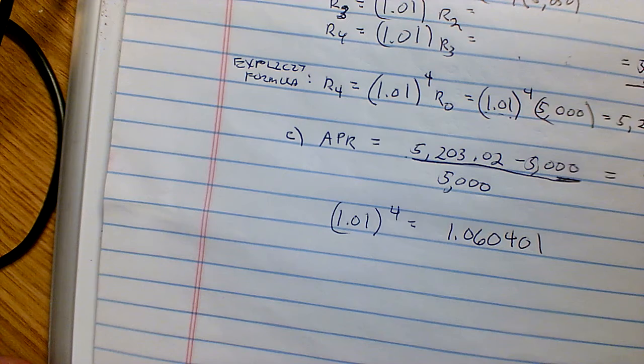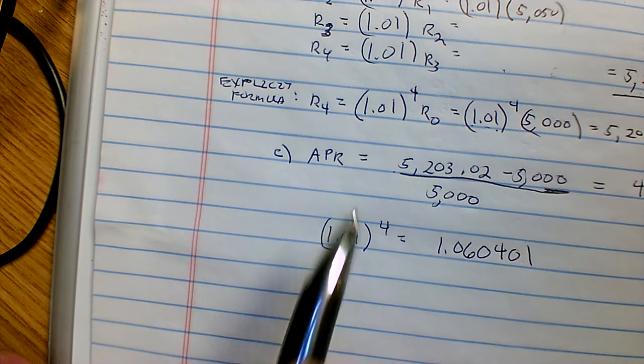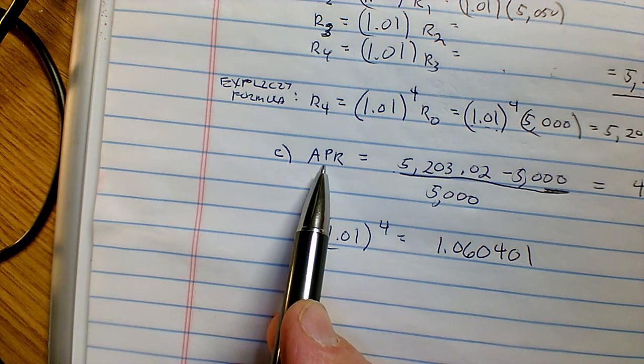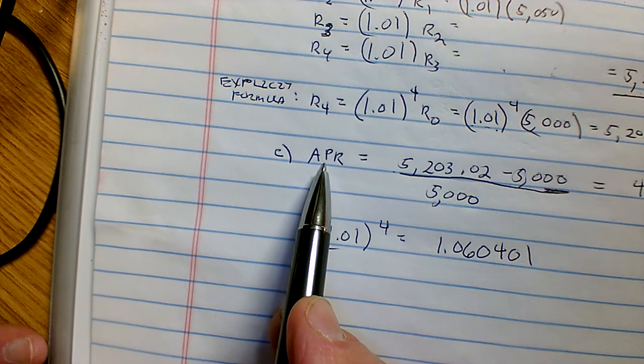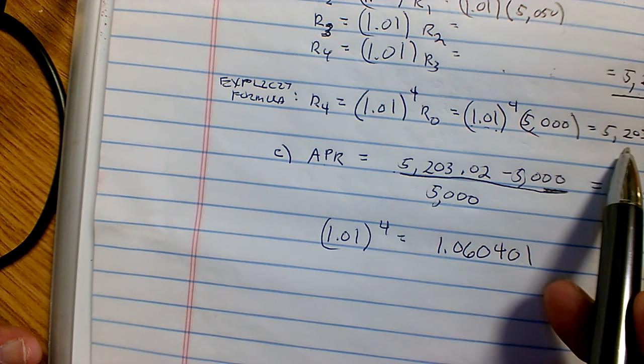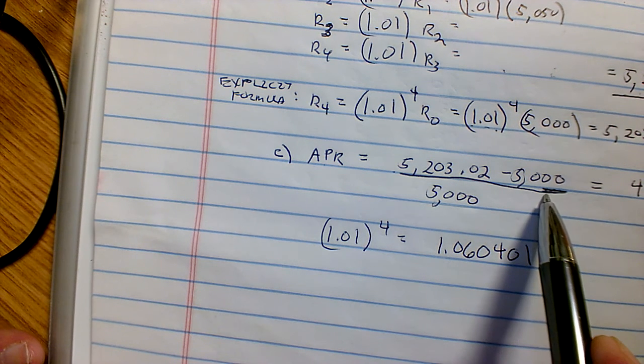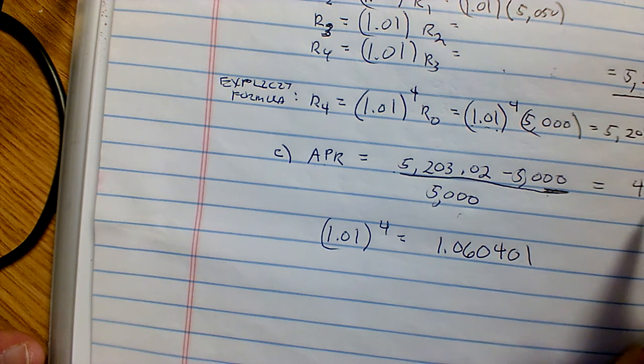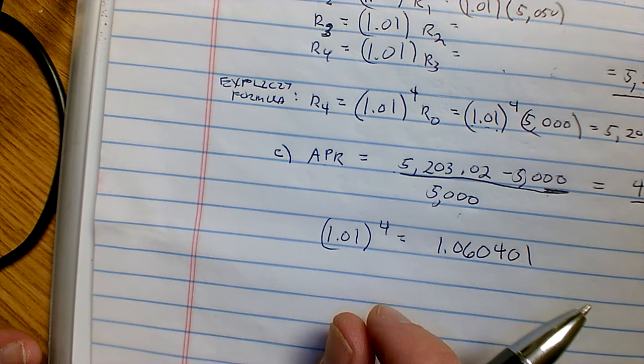Your text also has us take a look at finding the annual rate of return, the annual percentage rate here. We do that by taking this amount, subtracting the initial principal, dividing by the 5,000 and getting the percentage.